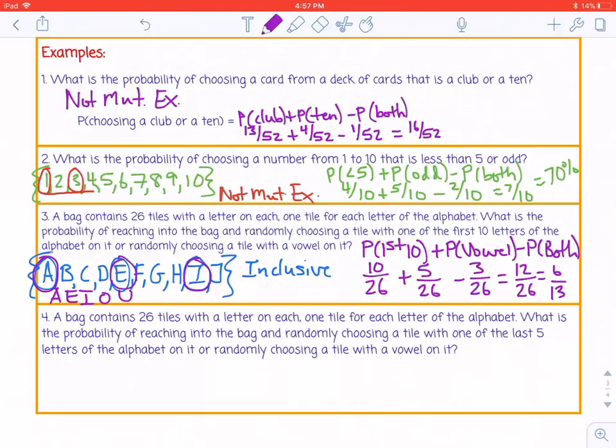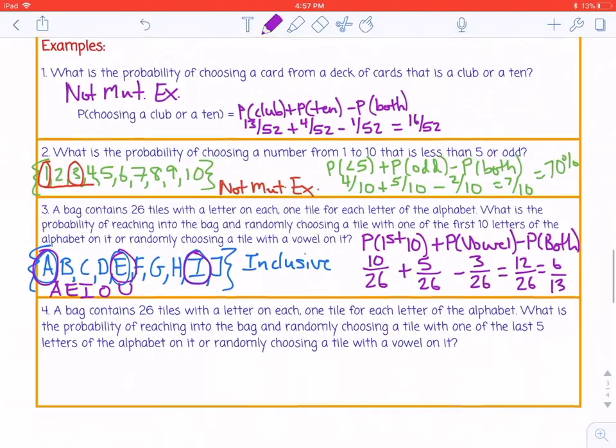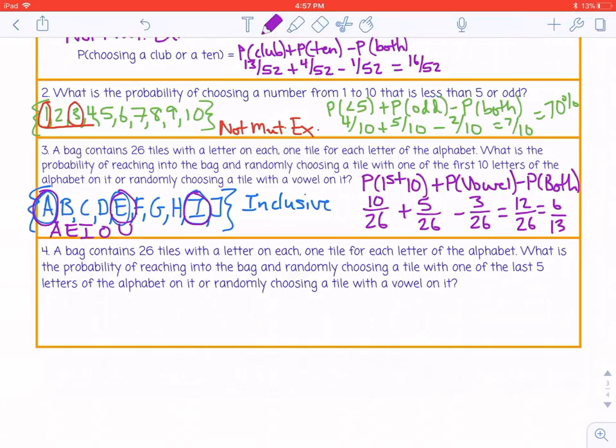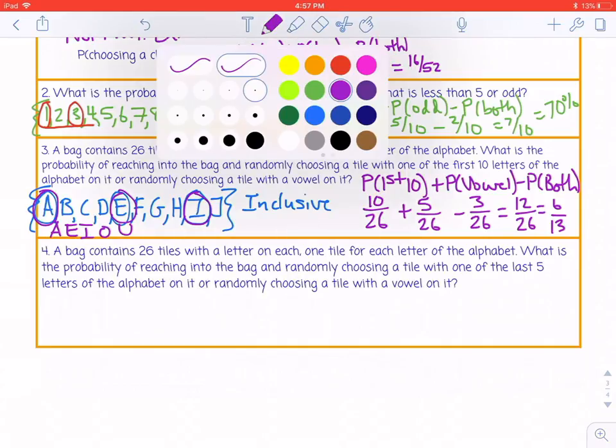A bag contains 26 tiles with a letter on each tile, and each one is a letter of the alphabet. What is the probability of reaching into the bag and randomly choosing a tile with one of the last 5 letters of the alphabet, or randomly choosing a tile with a vowel on it? All right, so let's think of this situation.